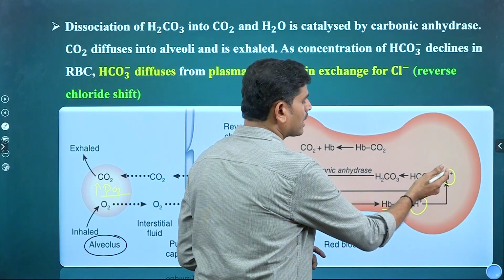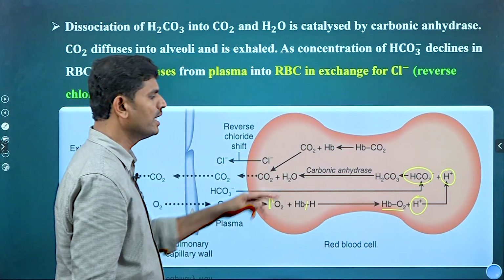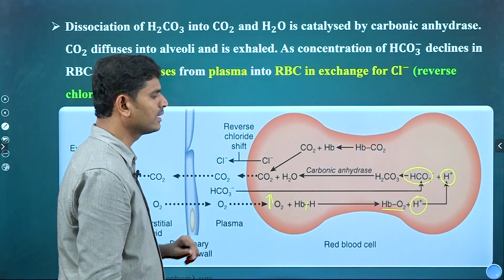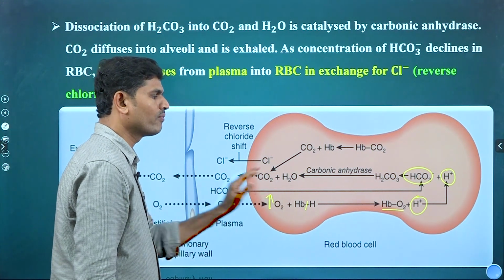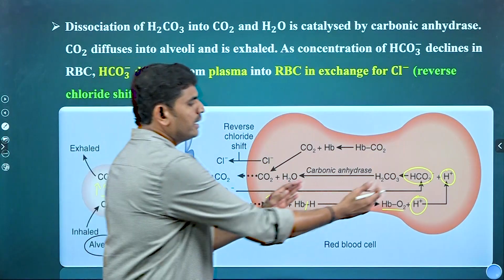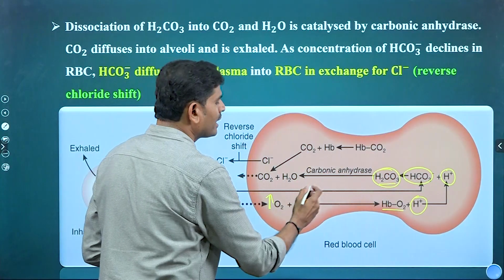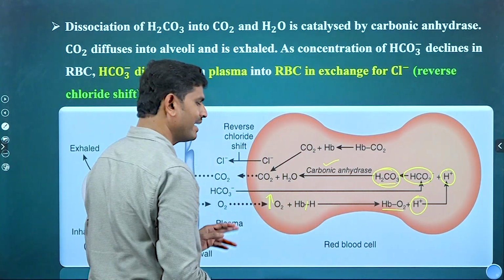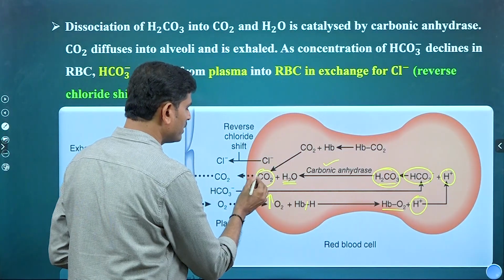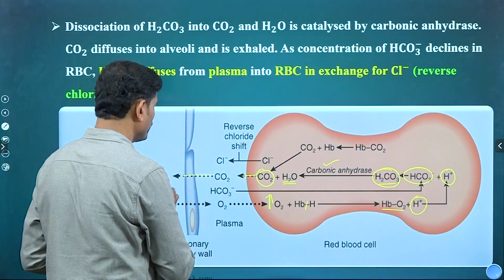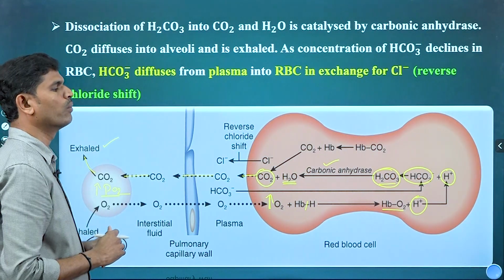These H plus ions combine with the bicarbonate ions in the presence of carbonic anhydrase. Where did these bicarbonate ions come from? They came from the plasma of blood. Then they combine and form carbonic acid. This carbonic acid, in the presence of carbonic anhydrase, is again divided into H2O and CO2, and this CO2 diffuses into the alveoli. From there it escapes outside.